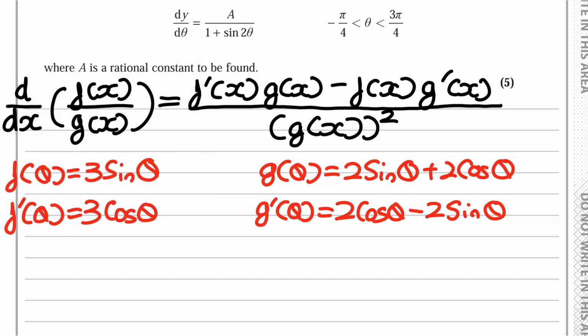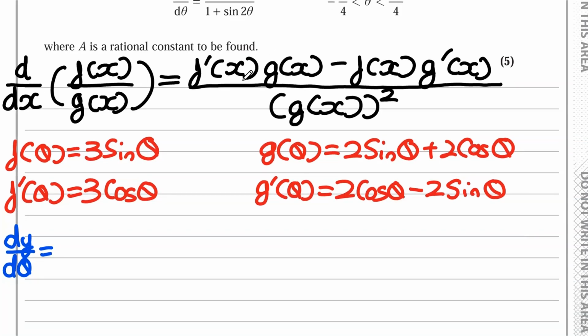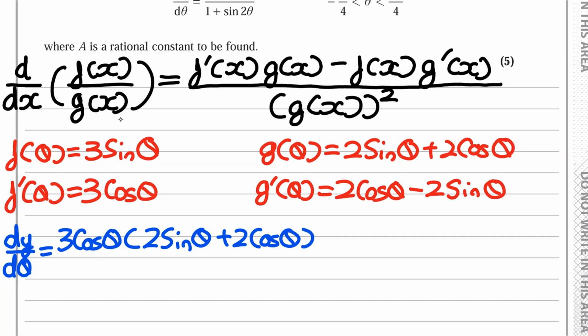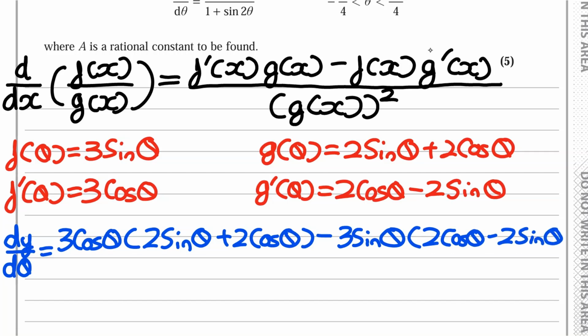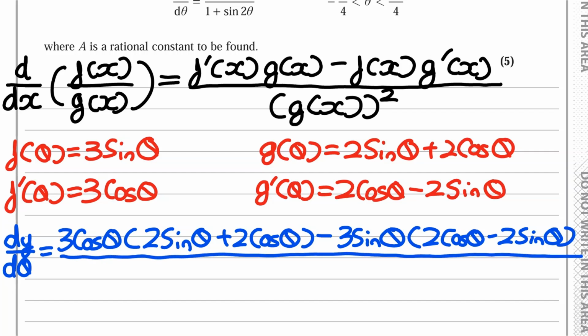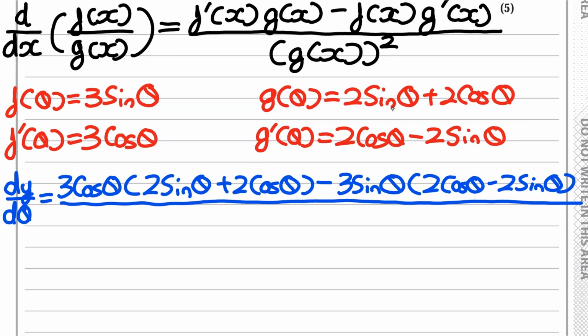So if we do this, dy over d theta is going to be f dash of theta, so this is 3 cos theta, multiplied by g theta, which is 2 sin theta plus 2 cos theta, and then minus f theta, so this is 3 sin theta multiplied by g dash of theta, so this is 2 cos theta minus 2 sin theta, and all of this is over g theta squared, so this is going to be 2 sin theta plus 2 cos theta squared, like this here.